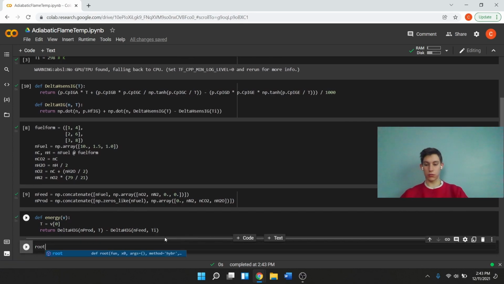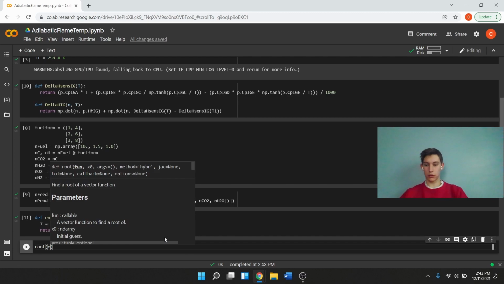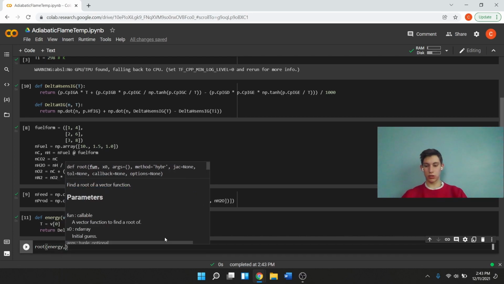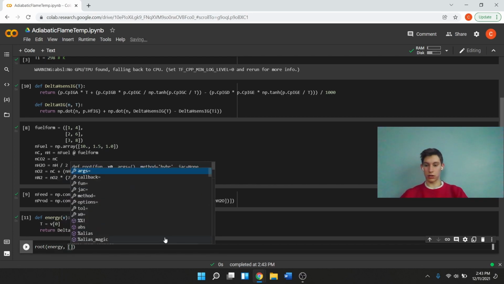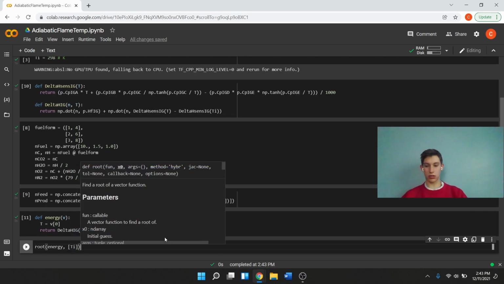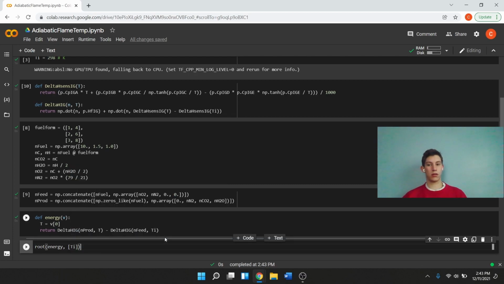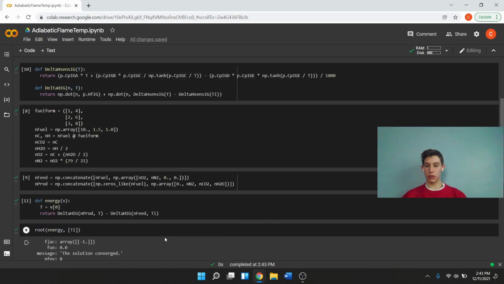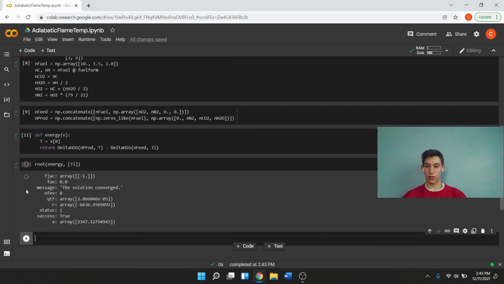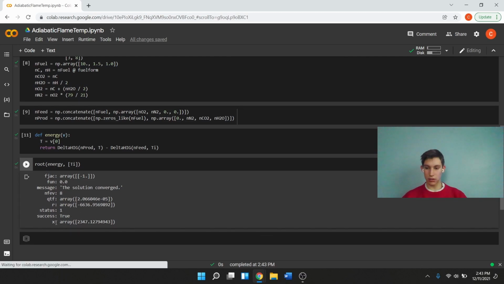So if we use the root solver with this energy equation, for our initial guess we can just say perhaps the final temperature will be the same as the initial. If we run this, we see that the solution converges, it's successful, and this is our final temperature, 2,347 Kelvin approximately.